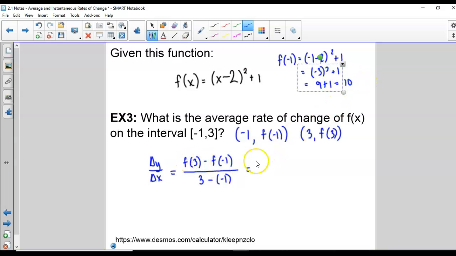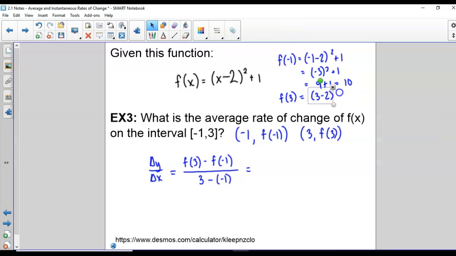That's our f of negative 1. And then our f of 3 is going to be 3 minus 2 squared plus 1, which is 1 squared plus 1, which will give us 2. So f of 3 was 2.